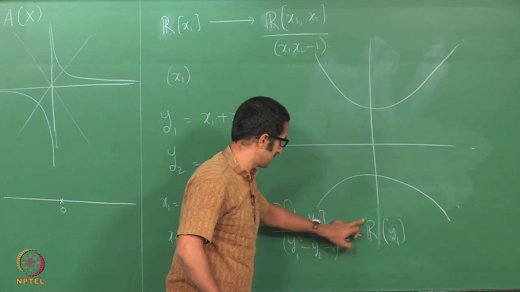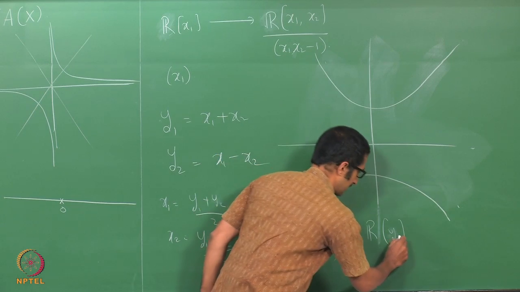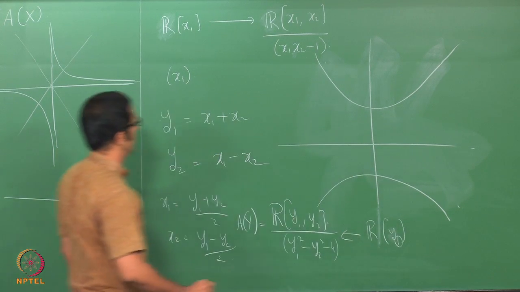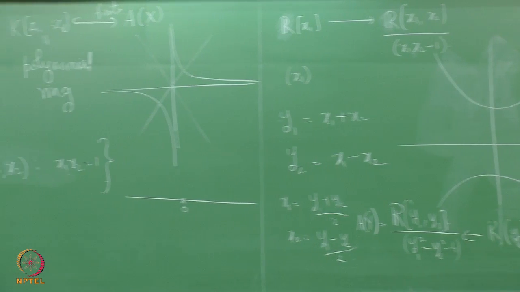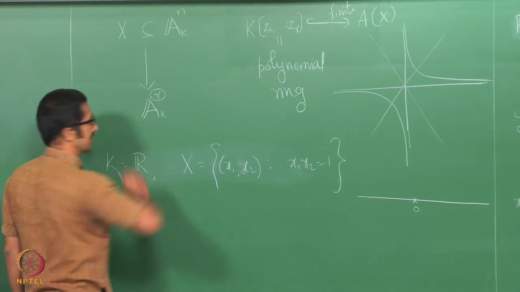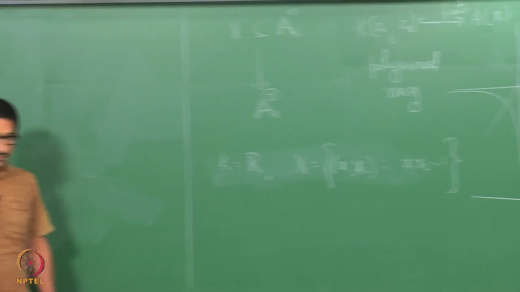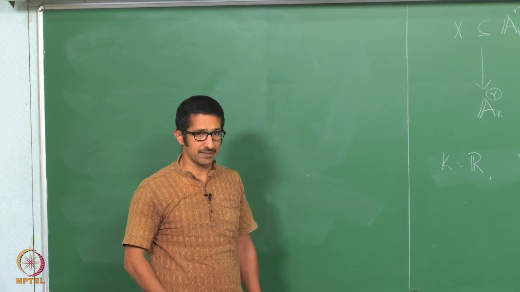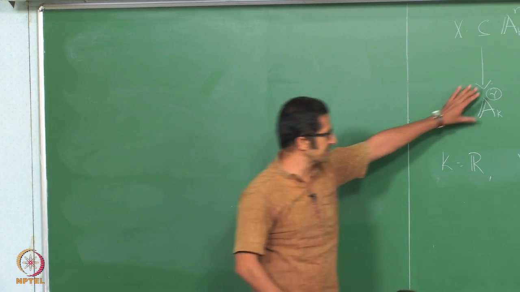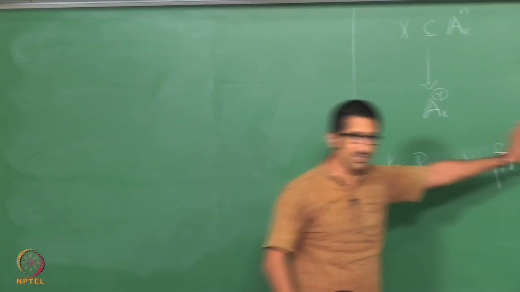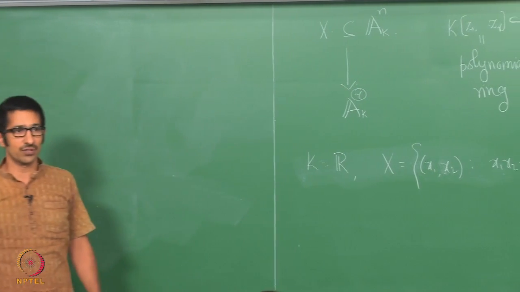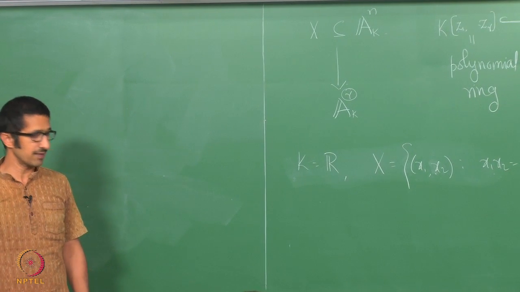Now, the number that appears here, or the numbers that appear here, is called the dimension of the variety. It's not defined this way, but it turns out that this becomes what is called the dimension of a given variety.